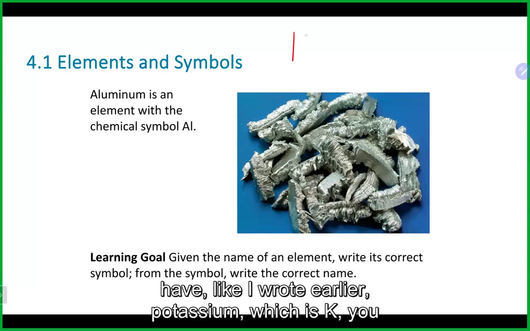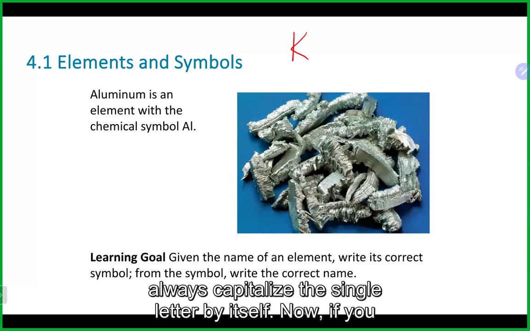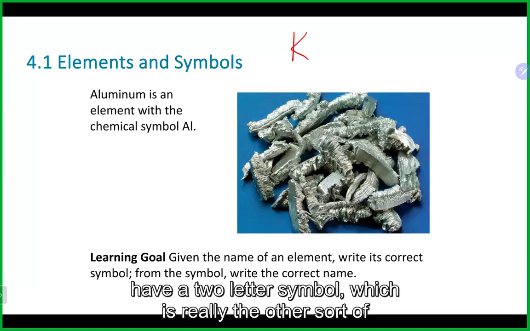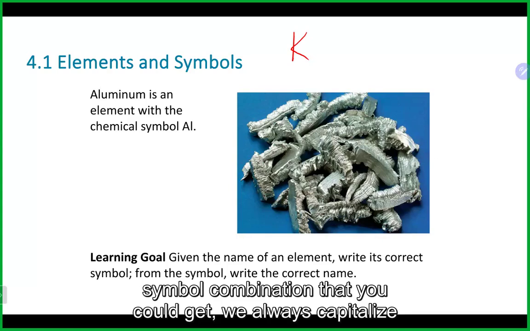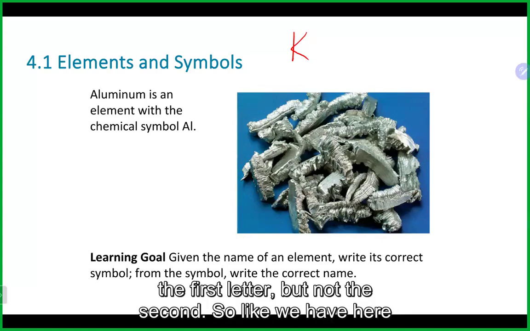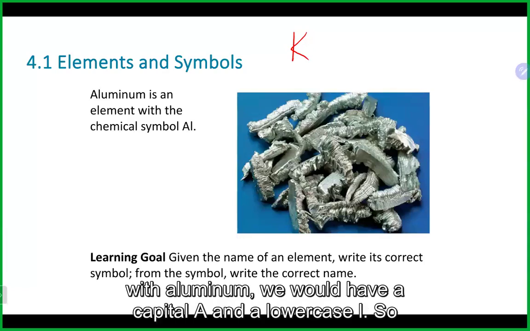Like I wrote earlier, potassium, which is K, you always capitalize the single letter by itself. If you have a two-letter symbol, which is the other combination that you could get, we always capitalize the first letter, but not the second. Like we have here with aluminum, we would have a capital A and a lowercase l.